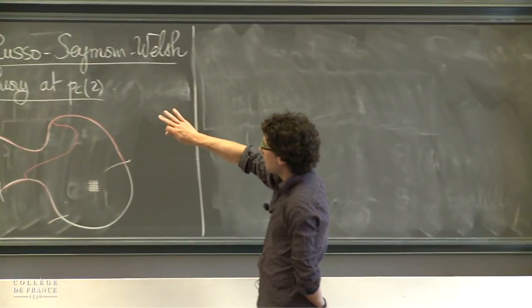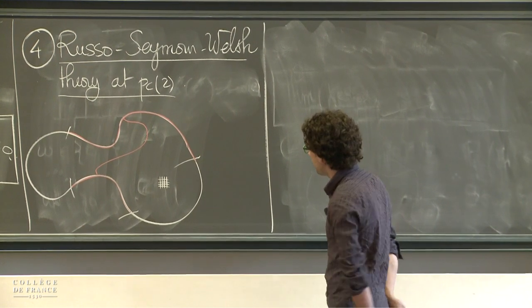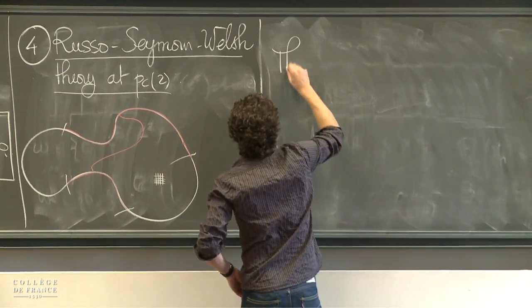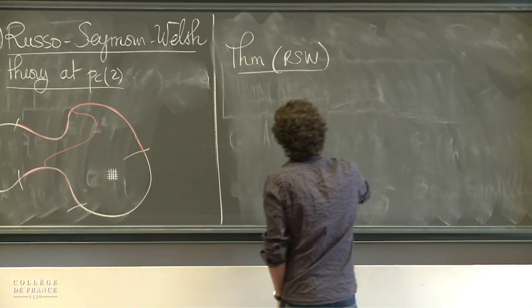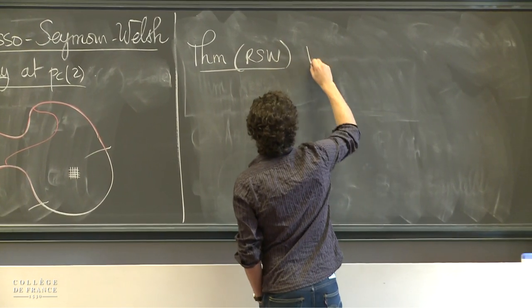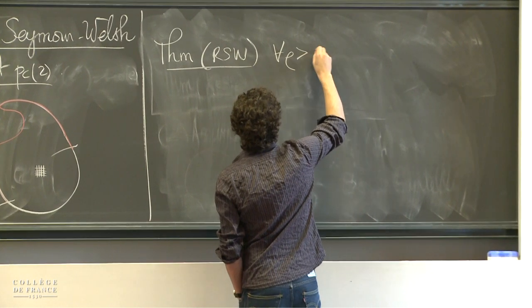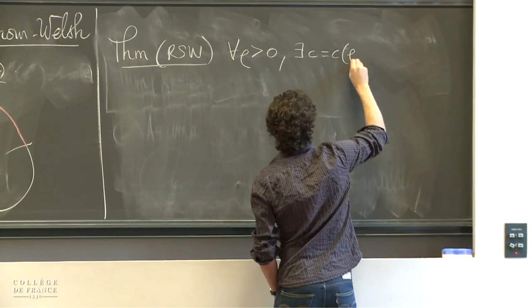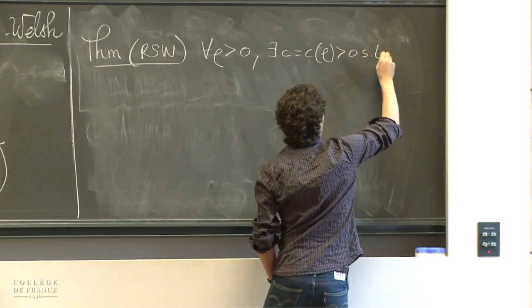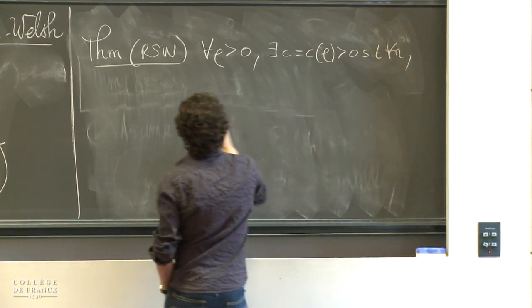So rather than taking any type of weird shape, I'm going to focus on a special type of shape, because that's what we will use. So I'm going to state the following theorem. For every rho larger than 0, there exists a constant c, which depends on rho only, such that for every n, we have the following.